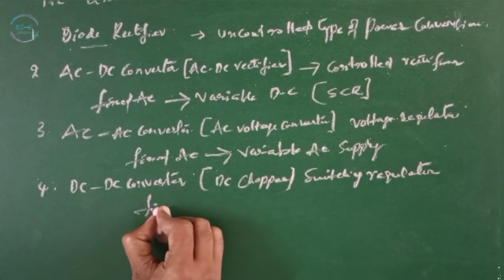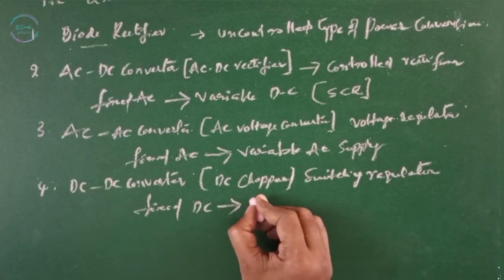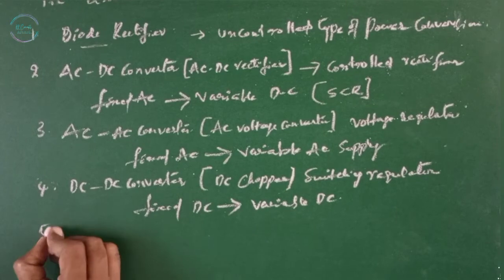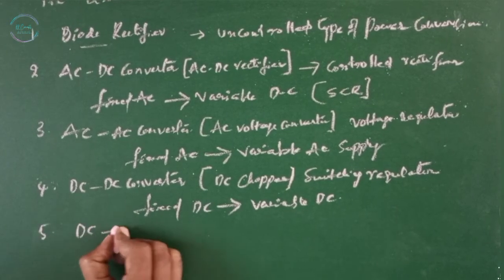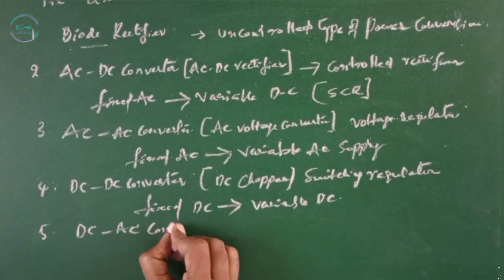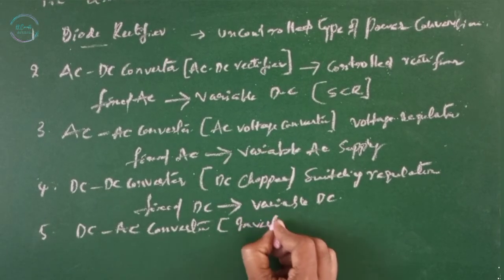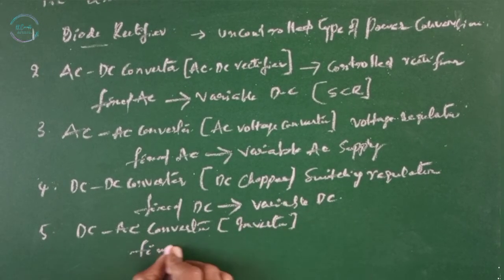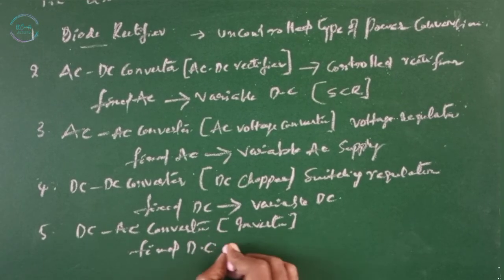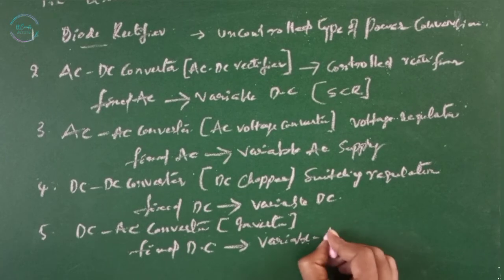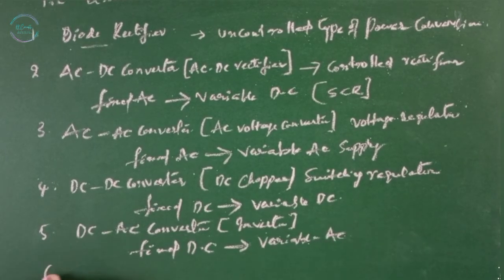A fixed DC is converted into a variable DC supply. The fifth one is DC to AC converter, also known as inverter. A fixed DC is converted into variable AC. And the last one is static switches.